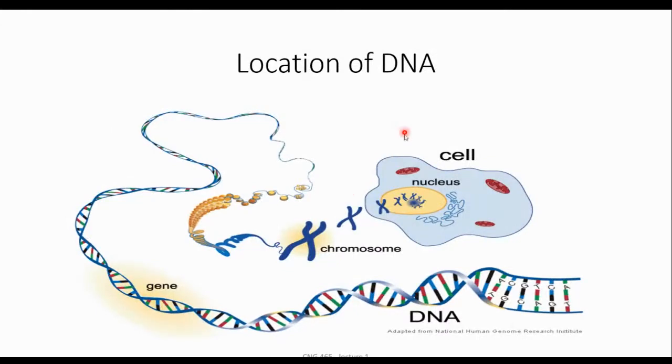Now let me show you the location of DNA and what's the difference between DNA and gene, which is important to notice from the beginning. As we mentioned, the sequence of these letters is DNA. If you cut any of them, they are still called DNA. And as you can see, they are double helix all the time. They are interacting with one another.